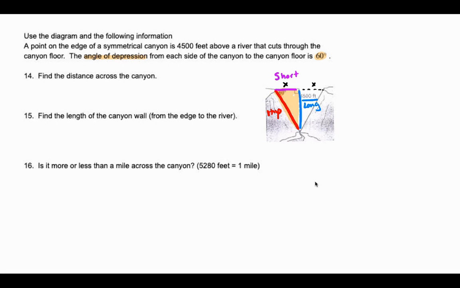Keep in mind that your short leg can be calculated by doing a third of the long leg times the square root of 3. So for this one, we're going to take the 4,500, divide it by 3, and multiply by the square root of 3.